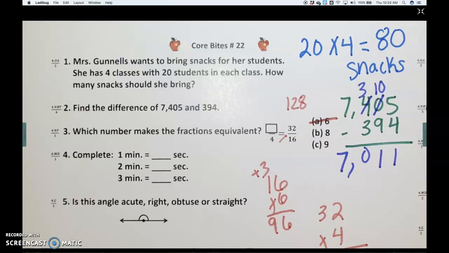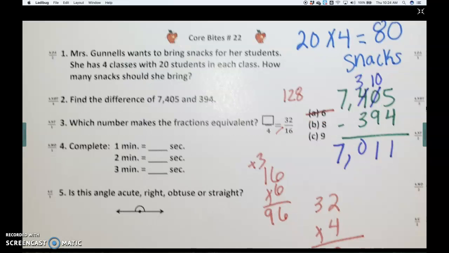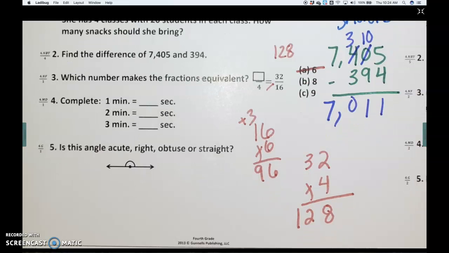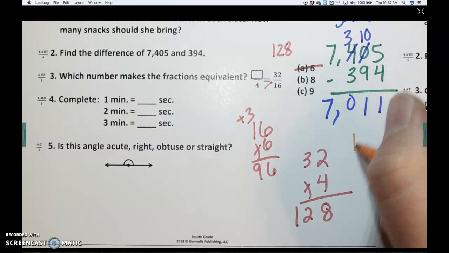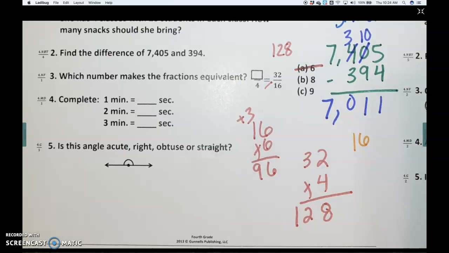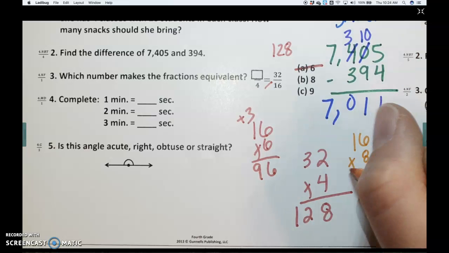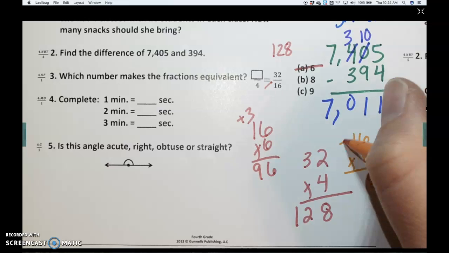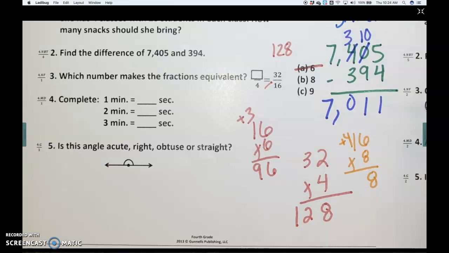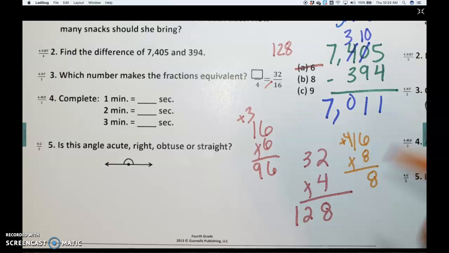So if we try, let me move it up a little bit so y'all can see better. So if we try 8, so if we take 16 and we multiply it by 8, okay, 6 times 8 is 48. 8 times 1 is 8, 9, 10, 11, 12. That gives us the answer we need. We need to have 128.